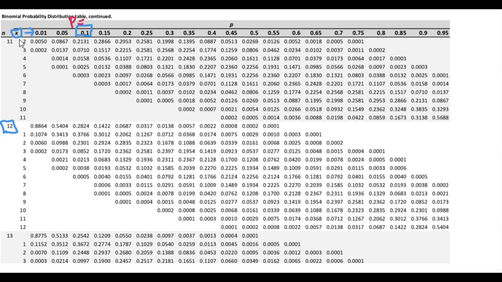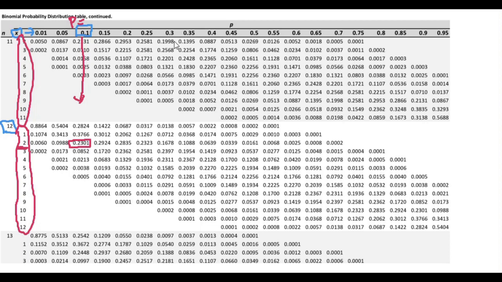We look at the probability at exactly 2. For p equal to 0.1, x equal to 2 and n equal to 12, we got 0.2301. This is what we got for part A.